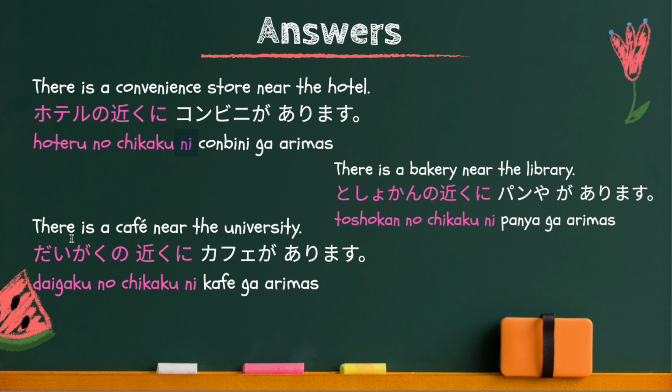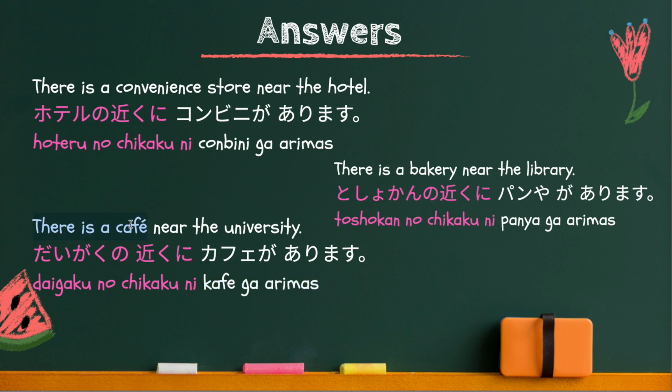Next one. There is a cafe near the university. 大学の近くにカフェがあります。カフェがあります is there is a cafe.